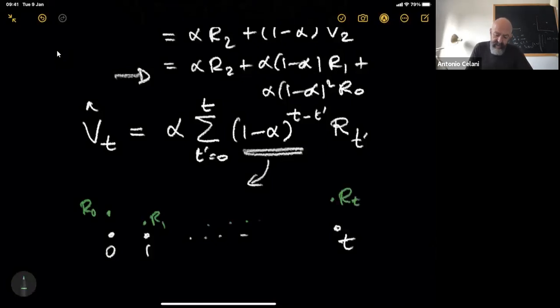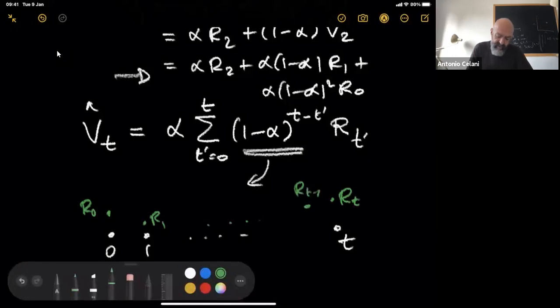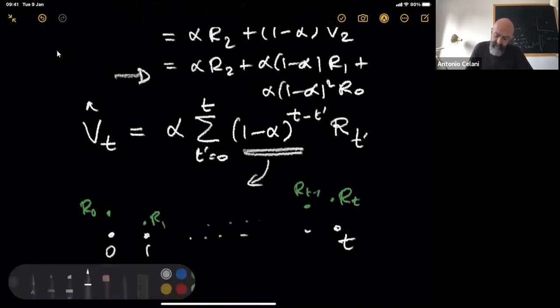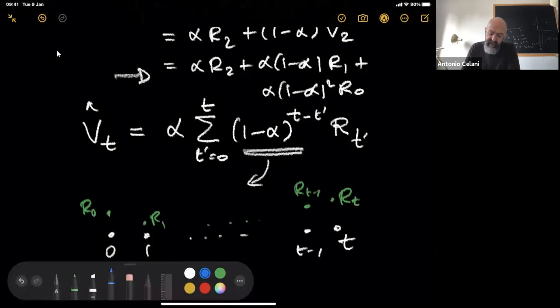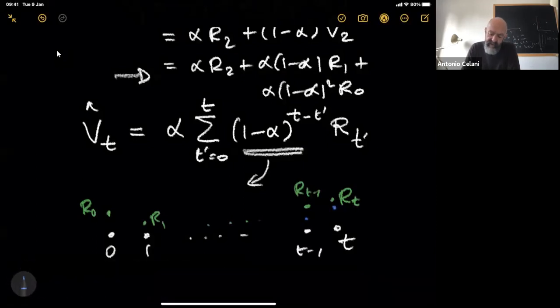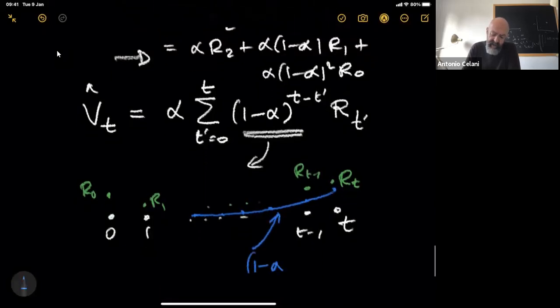Okay, let's add also a reward t minus 1, just for simplicity. Okay, so what this object is computing is some weighted average of this object, which is weighted with some geometrically or exponentially, if you wish, decreasing kernel. So this object here is this (1 minus alpha) to the t minus t prime.